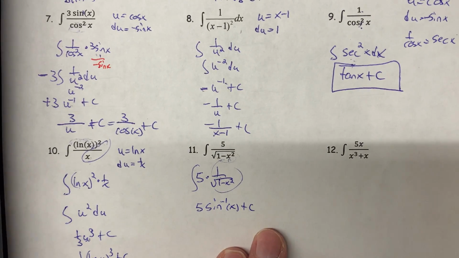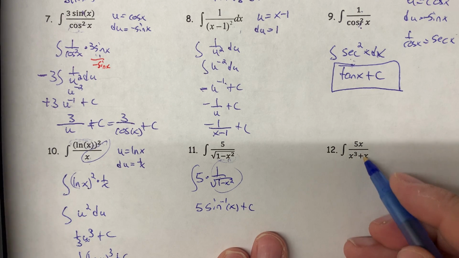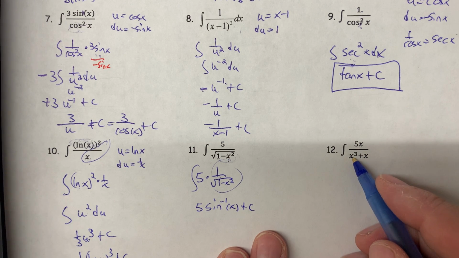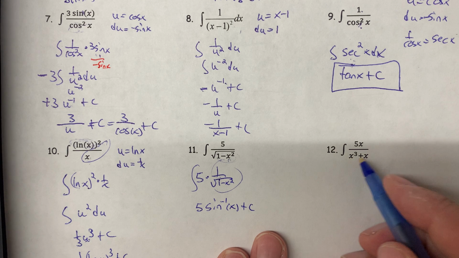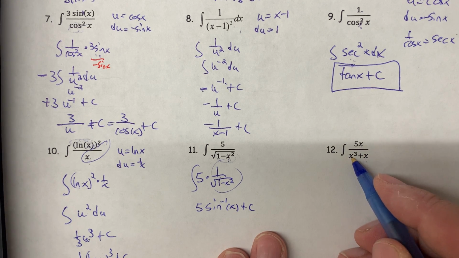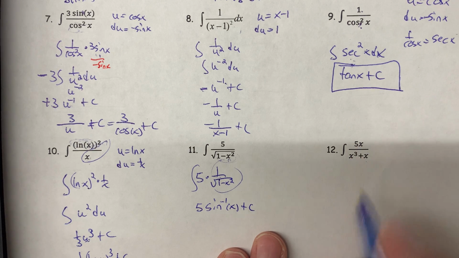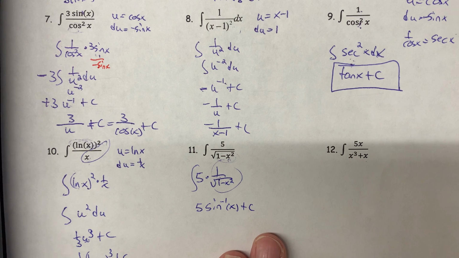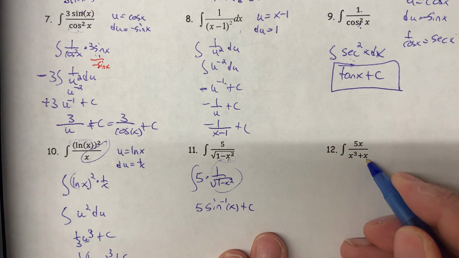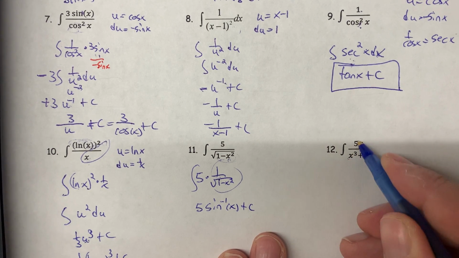Oh my goodness, even more hard stuff. Okay, here I notice that there is an x cubed plus x in the bottom, so it doesn't really look like anything. The derivative of the denominator is 3x squared, but that's not in the numerator. So what can we do here? It doesn't look like any of our techniques work, but I can simplify this. You might notice there's an x in all of them.